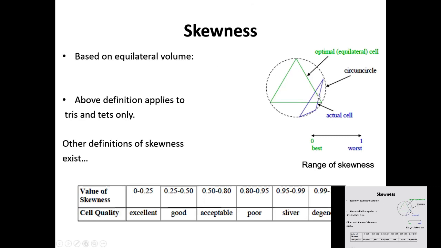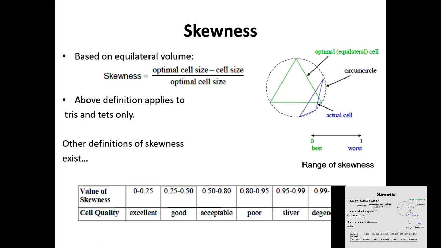Okay, this is a skewed one. This is the optimal one in this space. So if you have a really low skewness, it's good. If you have high skewness, it's bad.